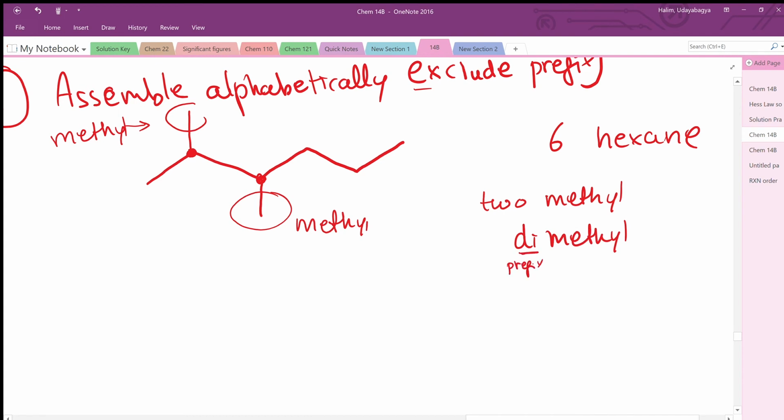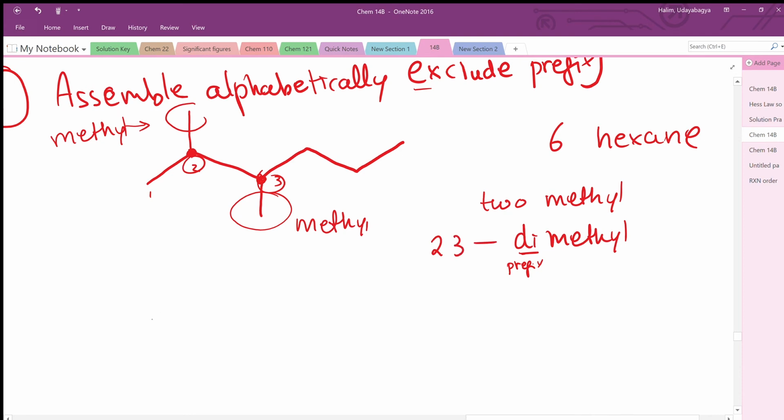And what position should I give the methyl location? 2 and 3. So I go 1, 2, 3. Now I can also go from the right to the left, and if I go from the right to the left, I can give it 1, 2, 3, 4, and 5. But that makes no sense because 2 and 3 is smaller than 4 and 5, so I need to give it locations of 2, 3 dash.